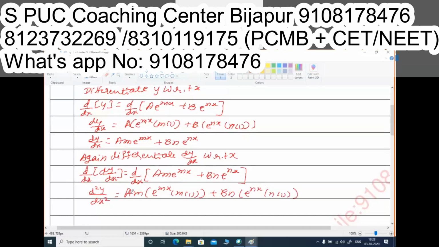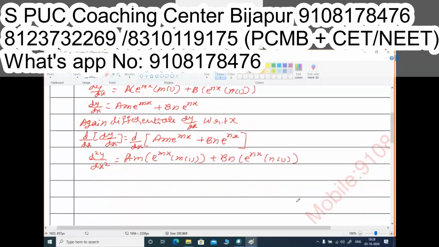Just to demonstrate it here: see that am is a constant, you have taken it outside. E raised to mx differentiation is e raised to mx into m into 1, so mx differentiation is m into 1. Similarly, bn is a constant, you have taken it outside, e raised to nx, and nx differentiation is n.